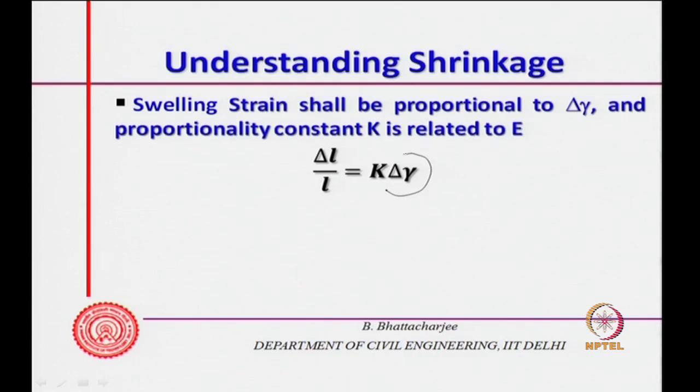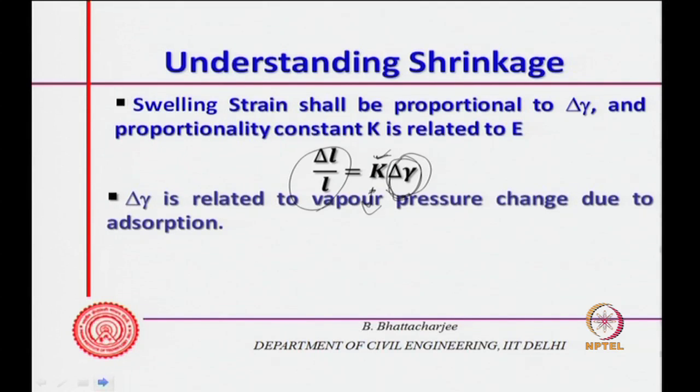So, you see the change in surface tension because of adsorbed water results in swelling strains, and this energy per unit area can be related to strain. Therefore, this must be related to the stiffness or modulus of elasticity of the system. This one is again related to vapor pressure. So, if there is a vapor pressure change, this surface tension would change, and vice versa.